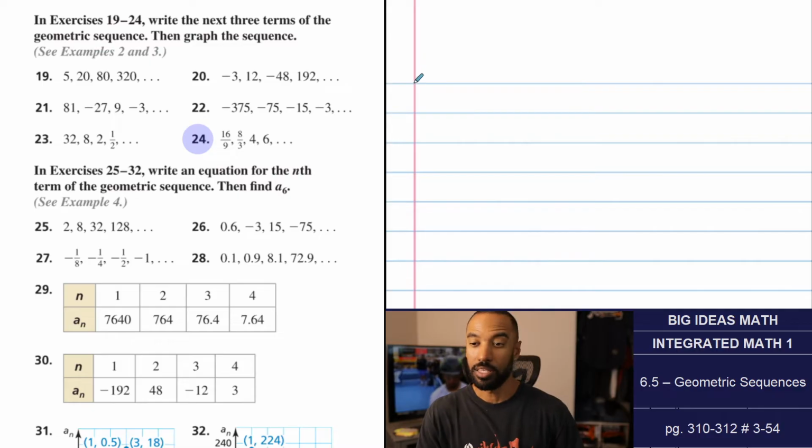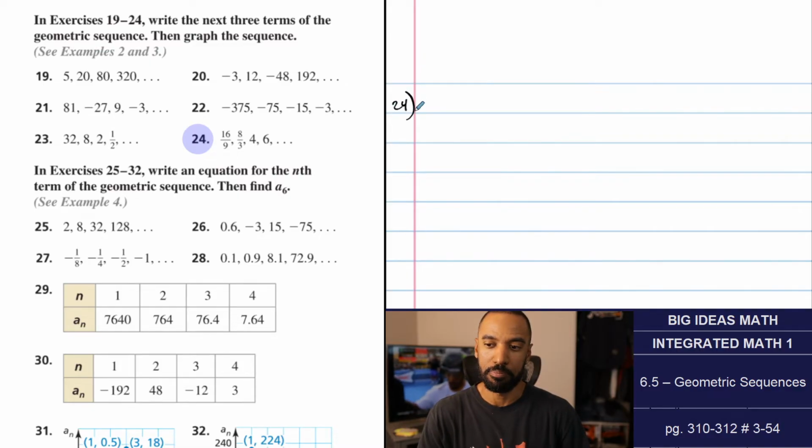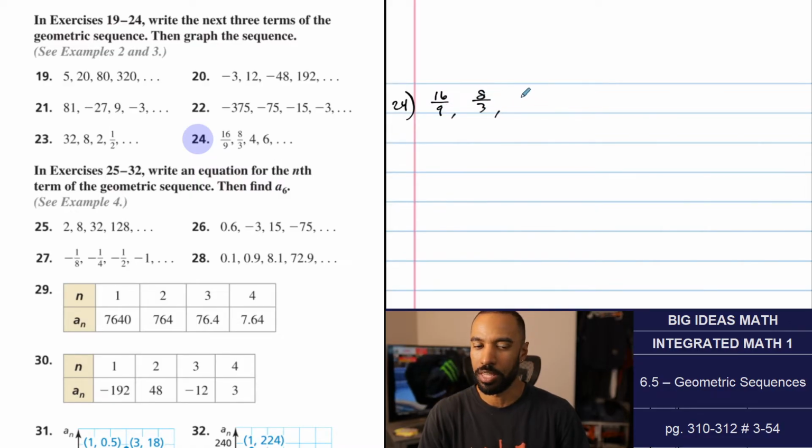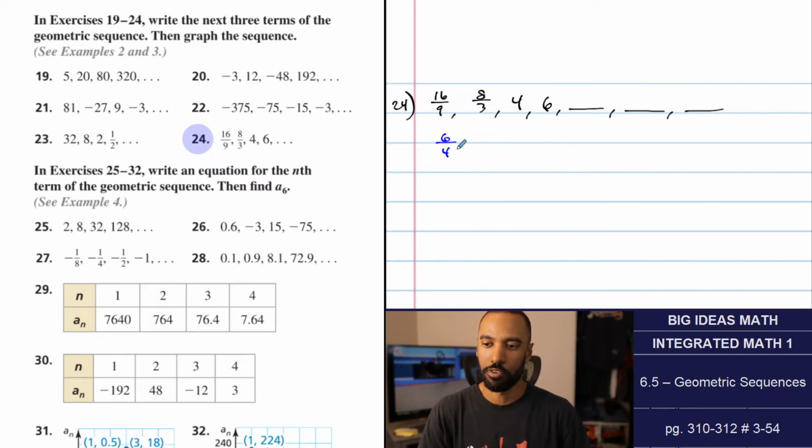Lastly, number 24. This one, at least the numbers will probably be better to fit as an overall, but we got to find out what those numbers are. So, geez, what are these? No matter which set you come across, it's going to be a little weird to look at. So, let's begin with 6 over 4, right? 6 over 4 is 3/2, or 1.5. We got to do 6 times 3/2.